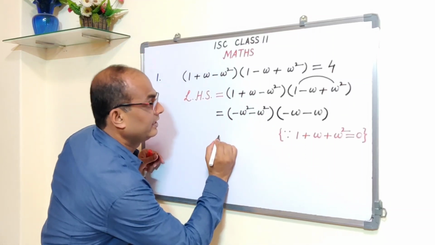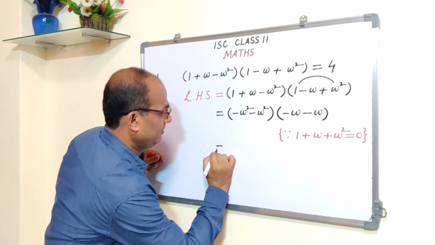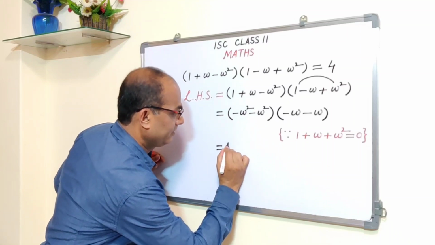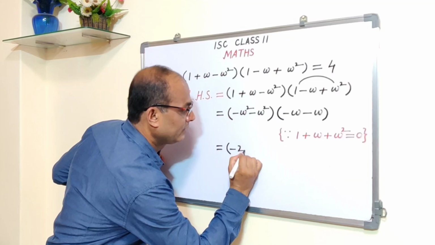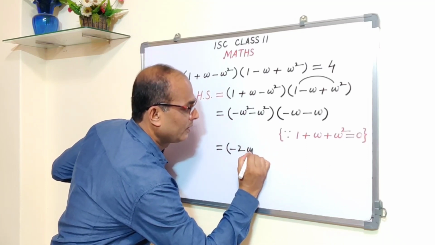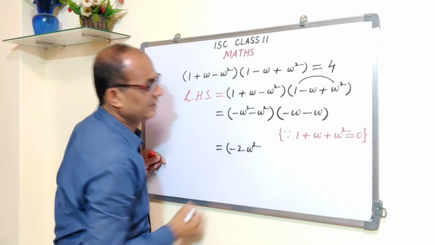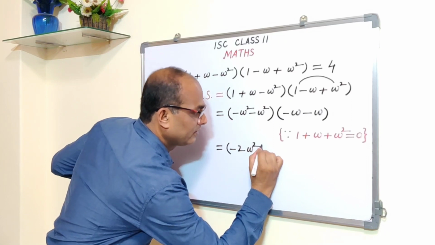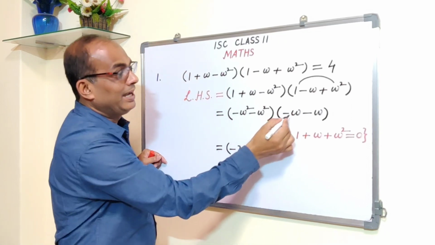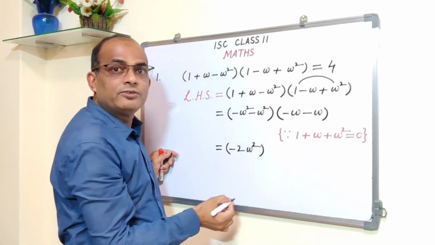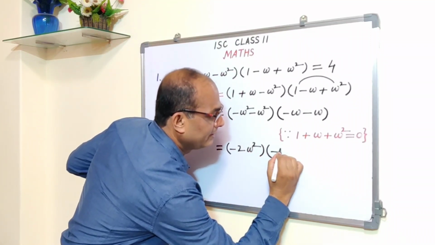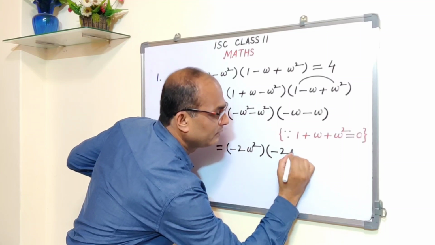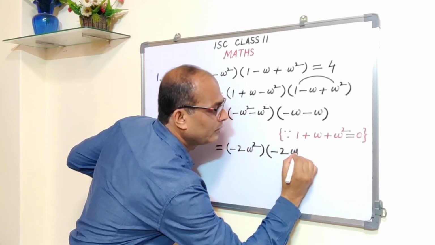This is equal to minus 2 omega square, bracket close, and minus 1 omega, that is minus 2 omega.